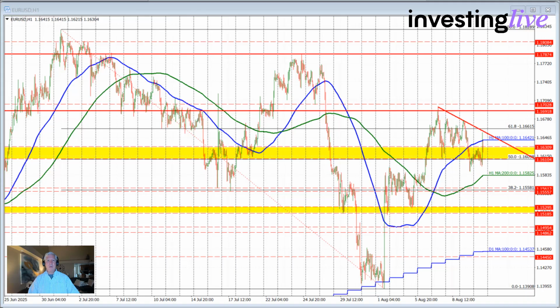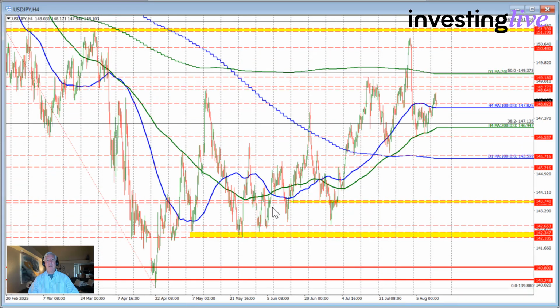Let's take a look at the dollar versus yen next. We'll focus initially here on the 4-hour chart. The price moved lower, but we did test that 100-bar moving average on the 4-hour chart. That's the blue line right here. Recall that it was resistance all in last week's trading right here and here before breaking to the upside in trading yesterday. So coming back down toward that level at 147.82 and finding support buyers is good news for the buyers.